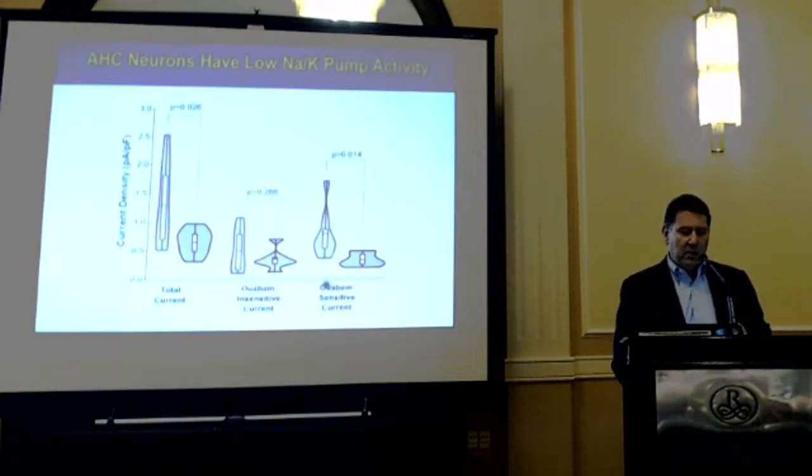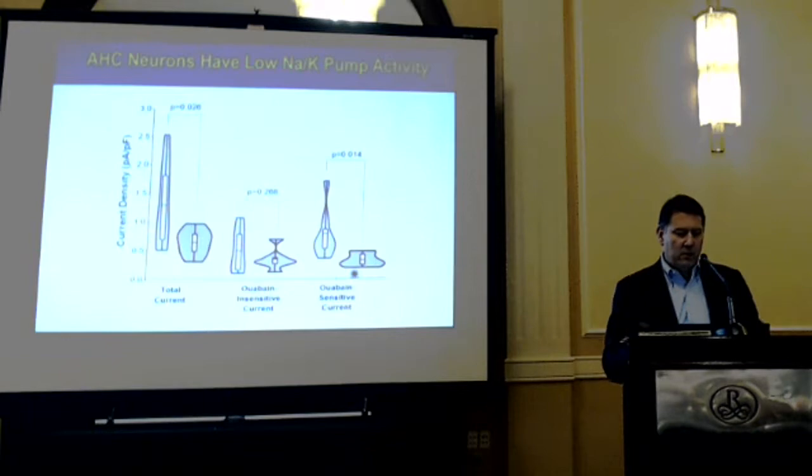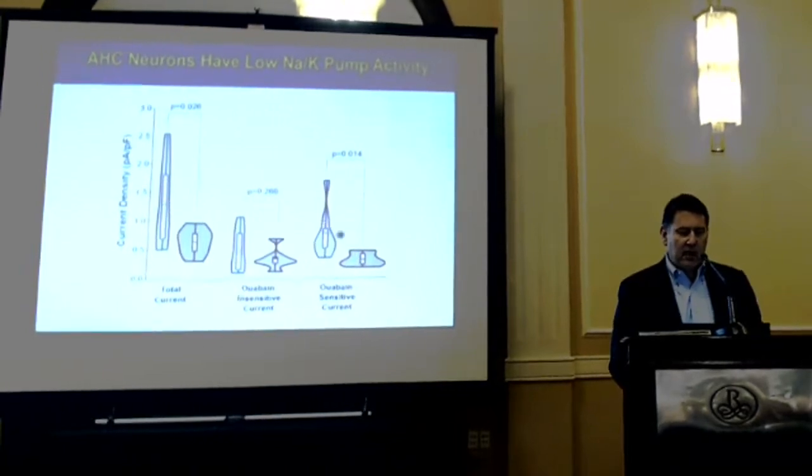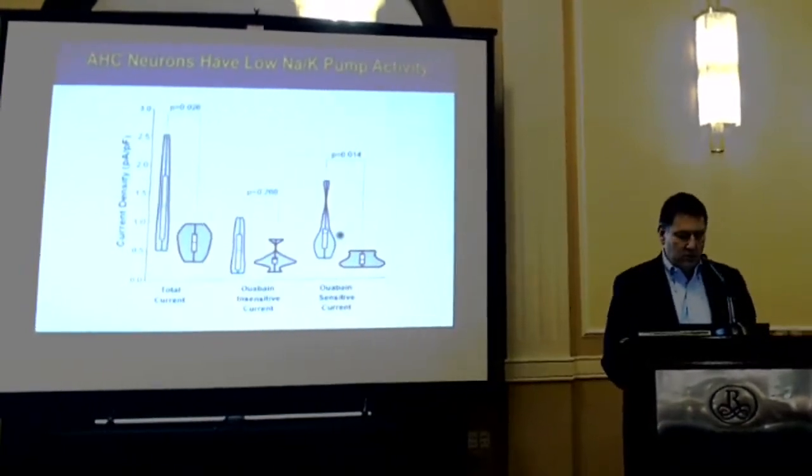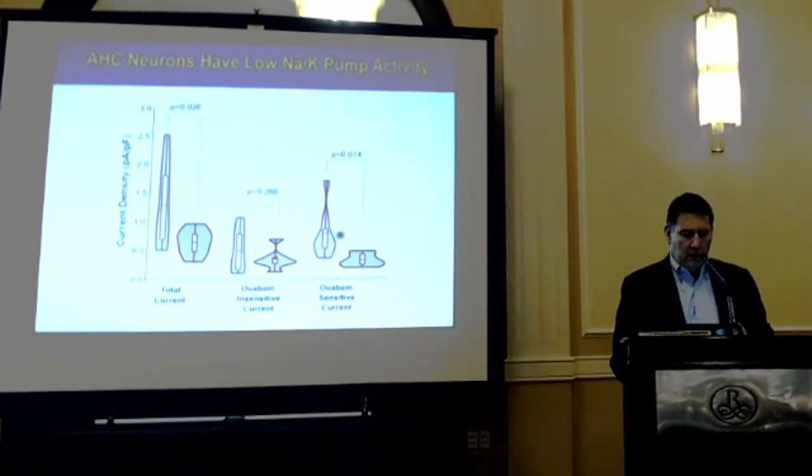Now we can look at the two components, the ouabain-sensitive part, which we think is likely predominantly coming from ATP1A3 in a neuron, with some contamination by ATP1A1, which is present in virtually every cell. And the ouabain-sensitive current is also considerably depressed. So we feel like this is good evidence, and direct evidence, that there's low pump activity in these human AHC neurons.